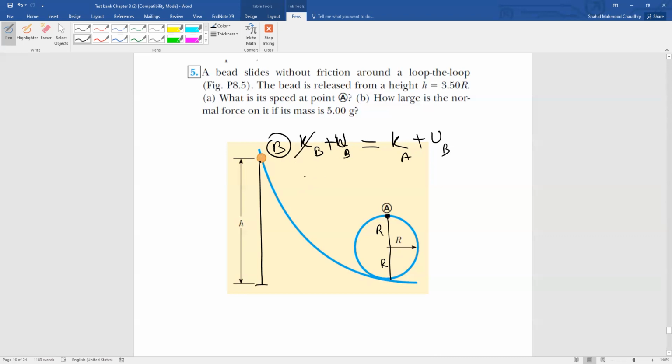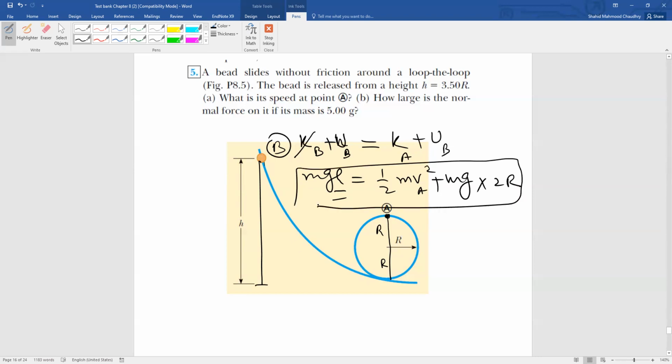What is potential energy at point B? mgh. What is kinetic energy at point A? Surely it has kinetic energy, 1/2 mv_A square. What is potential energy at point A? mgh, but here h is 2R. Now, this is your equation. From this equation, you can solve any problem, either this one or any other.